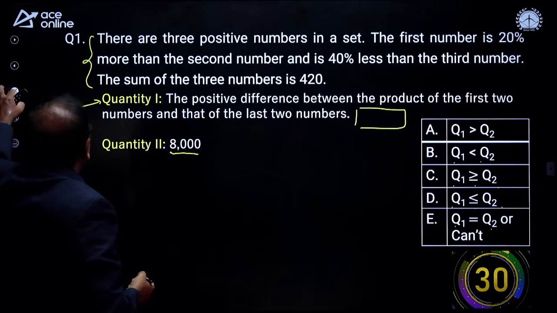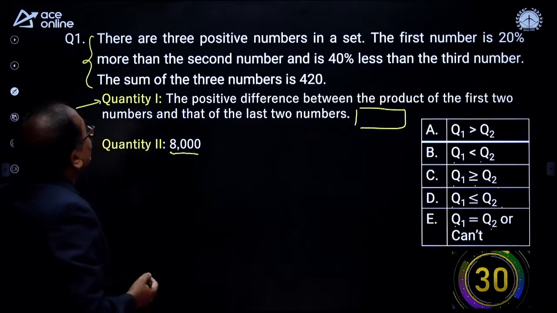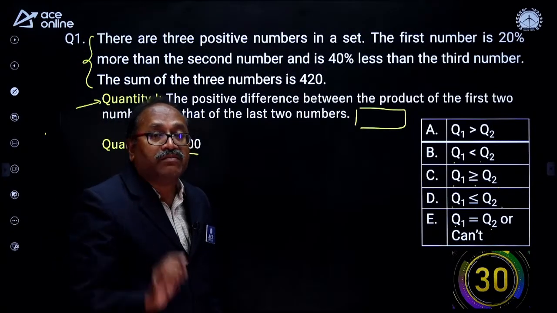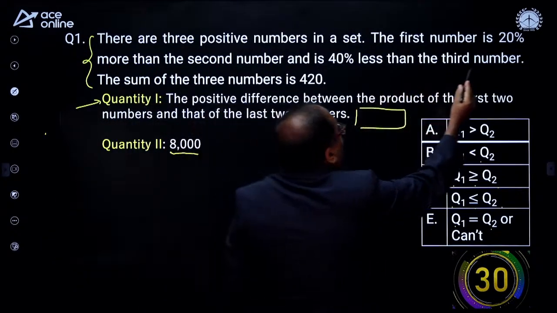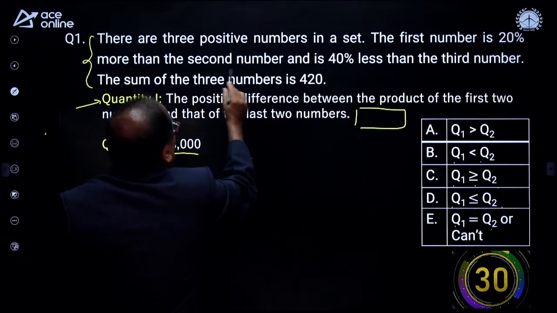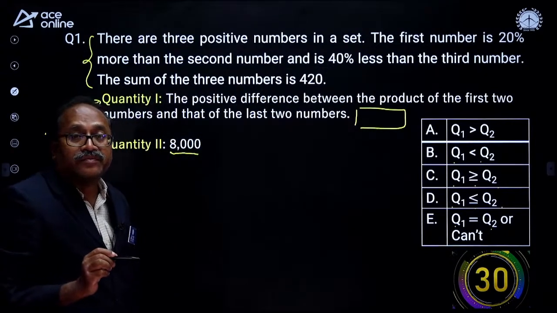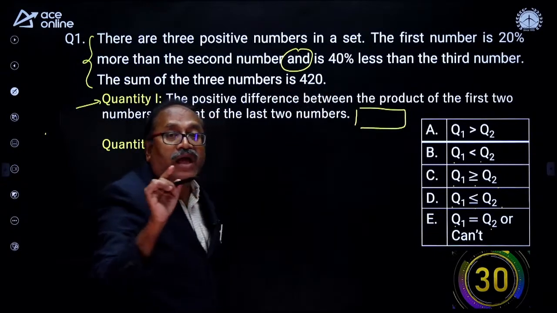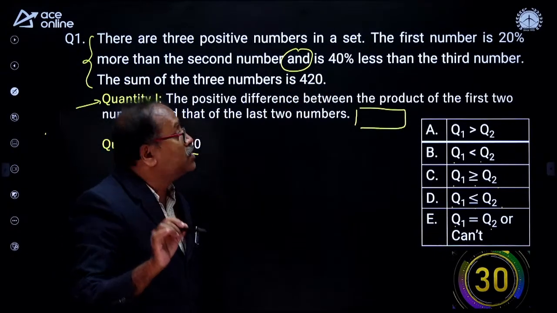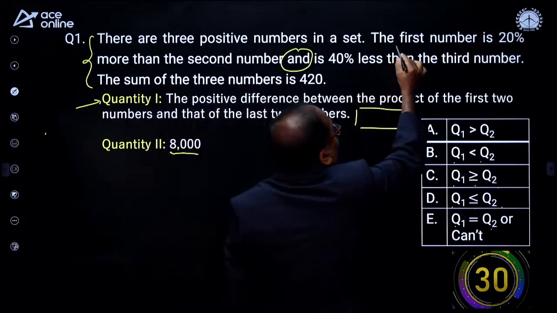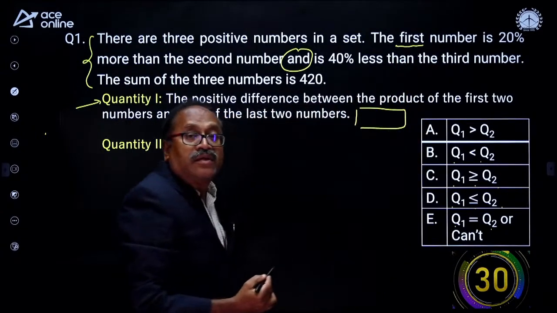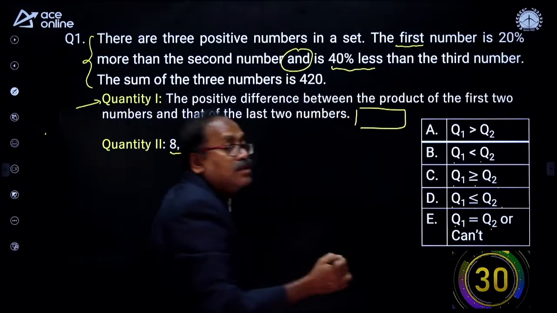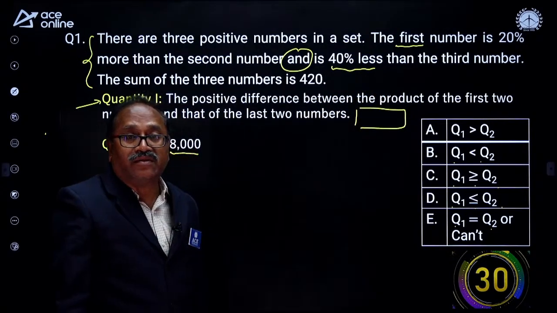Look at the question given over here. There are 3 positive numbers in a set. The first number is 20% more than the second number. And when the conjunction "and" is used, that means still they are talking about the first number. And the first number is 40% less than the third number.